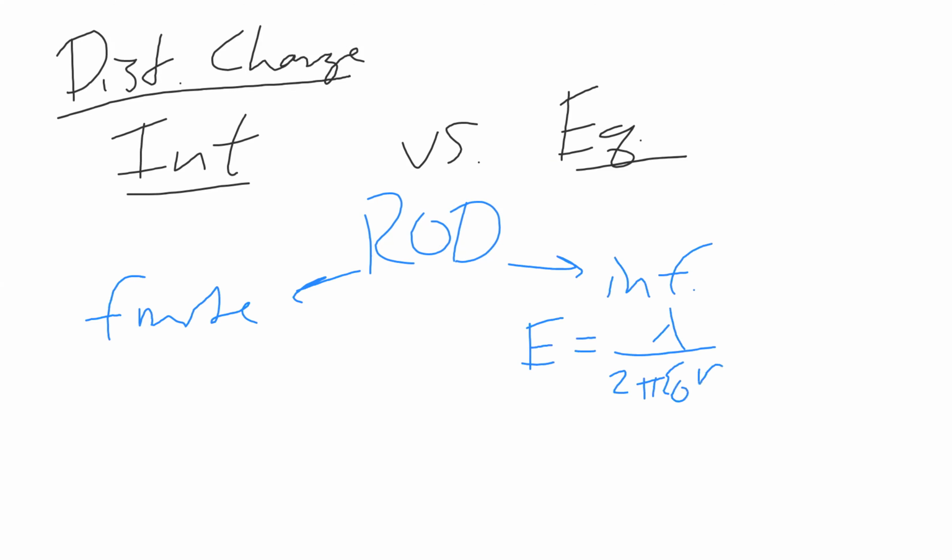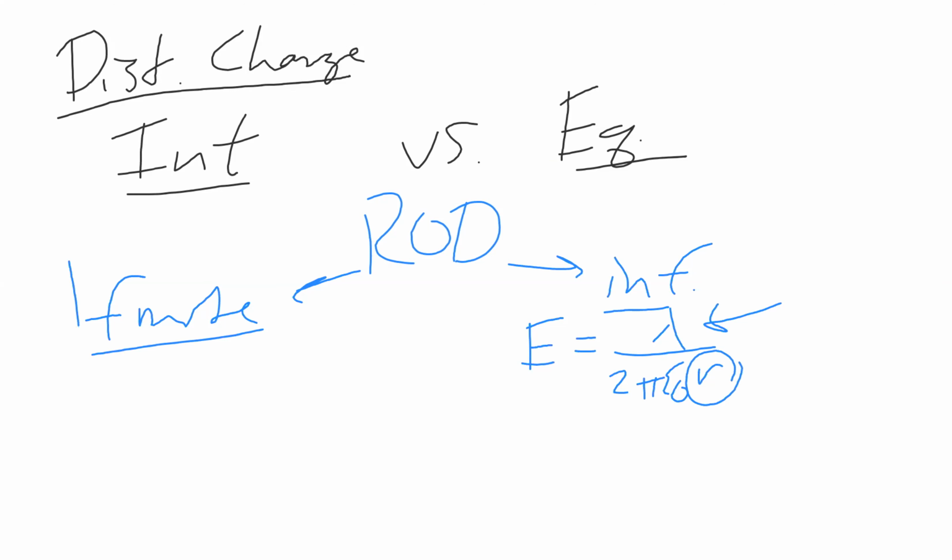If you have an infinitely long charged rod, it has a linear charge density of lambda, and your electric field is just going to point radially outward from it, and that electric field is going to vary with distance r from the rod. And that's it. So it's better when it's infinite. It's more painful when it's finite, and when it's finite, this is when you need to proceed with the integration.